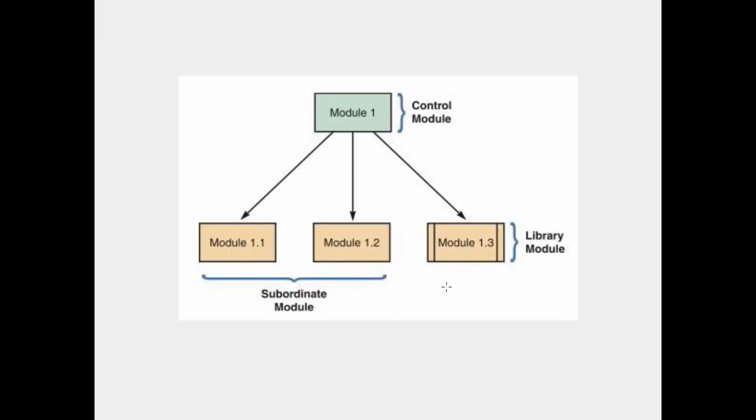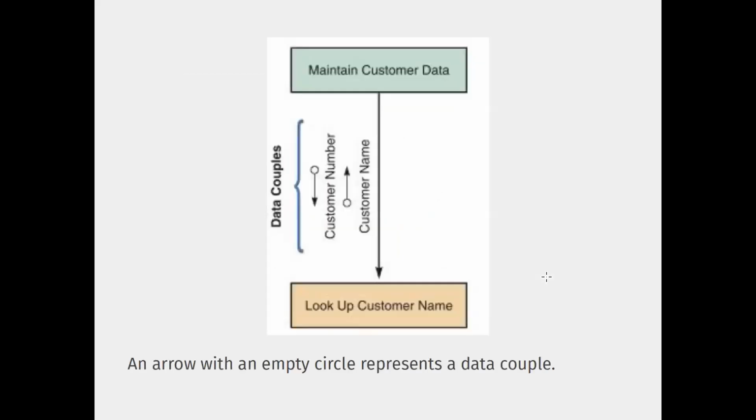And then 1.1 and 1.2 are below 1. We can say they are subordinate modules. And then there could be some library modules as well, where you can use frequently available functions, and that comes under library module, right?